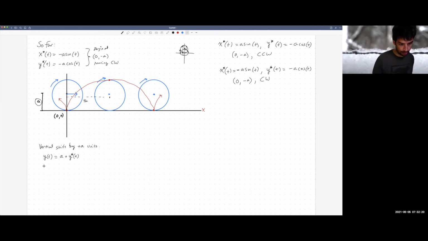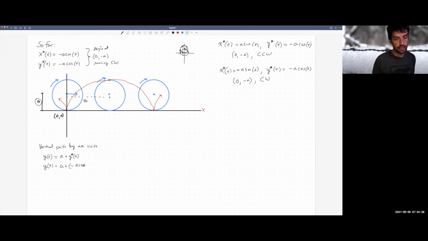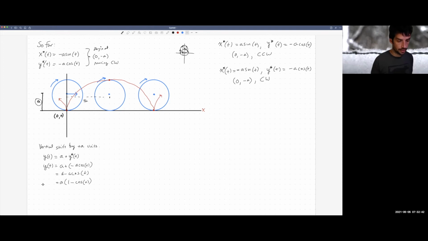And so if we put in what we had, y star was negative a cosine of t. So we've got a minus a cosine of t, or if we want, we can factor it and get a times 1 minus cosine of t.